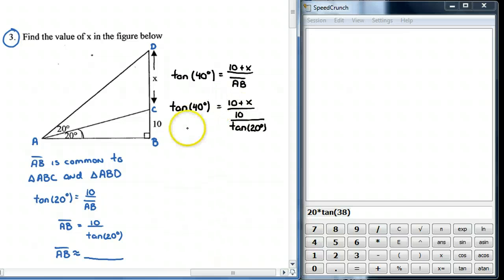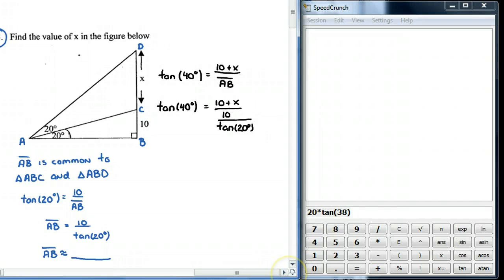So I'm going to rearrange this such that I isolate for x. There's lots of ways to do this algebraically, but one way is to multiply both sides by 10 over tan 20.